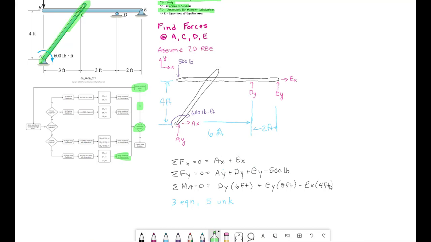AC has unknowns at A and C. The connection at C is a pin, which is going to be a single unknown, so that's only 3 unknowns, so that's a better place to start. If we did BCD, then we'd have a single unknown at C, a single unknown at D, and 2 unknowns at E, so that would be 4 unknowns. So we're going to start with AC.